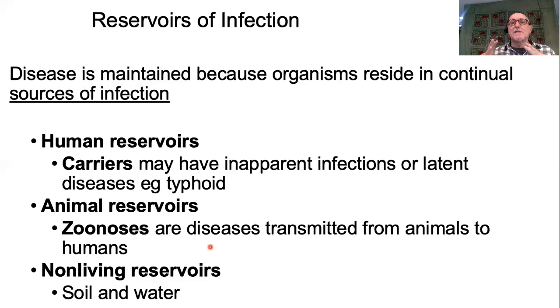But under certain circumstances, it blooms, it reaches high population levels, and if human beings drink that water, they get the disease cholera. It produces a violent diarrhea, which often recontaminates water sources, and it begins to spread from person to person. So that would be a good example of a non-living reservoir.